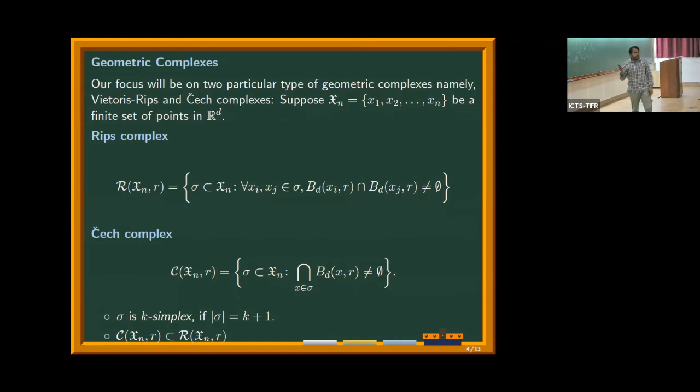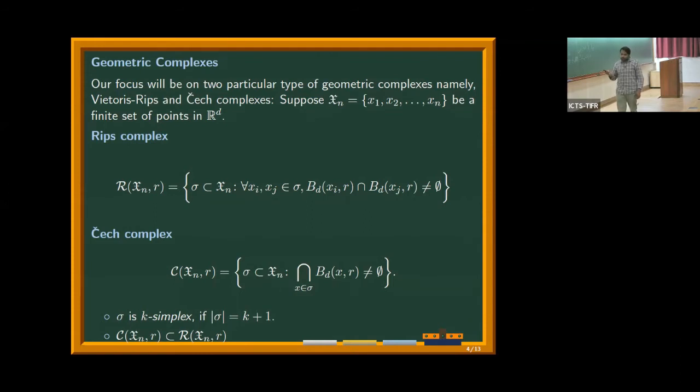If the pairwise intersections are non-empty, then you put the subset in the Rips complex. And if the overall intersection is non-empty, then you collect it in another collection that is known as the Čech complex. Clearly, the Čech complex is a subset of the Rips complex. And any element belonging to either complex is called a k-simplex if its cardinality is k+1.